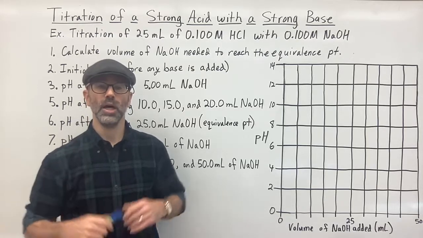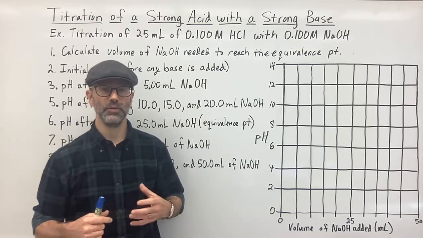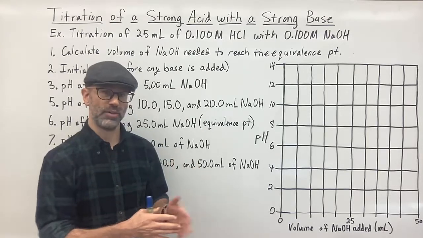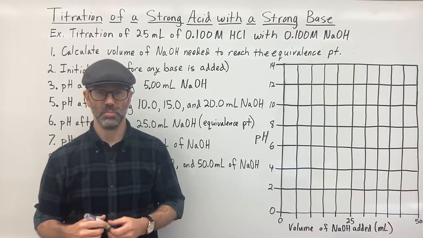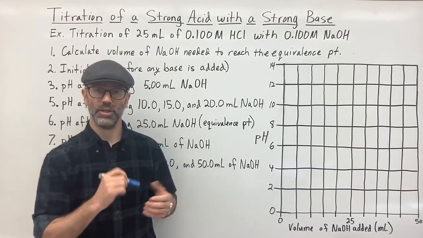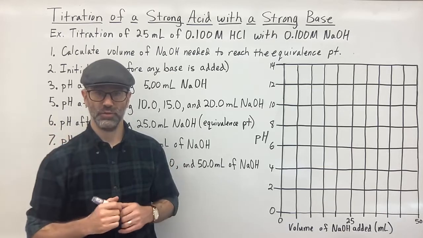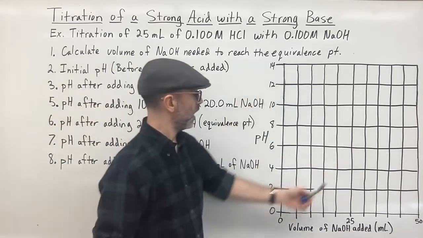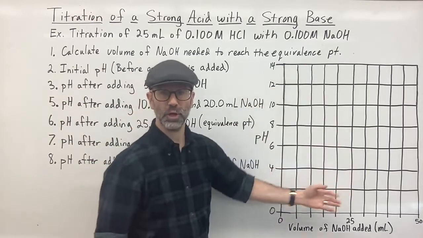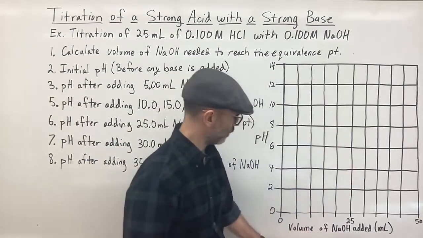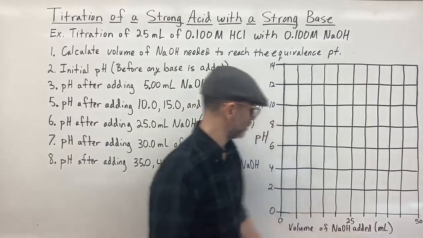Okay, so in this particular video, I'm going to go over the titration of a strong acid with a strong base, and we'll work out the titration curve. Here is the graph paper, if you will. And I have down here volume of NaOH added in milliliters.